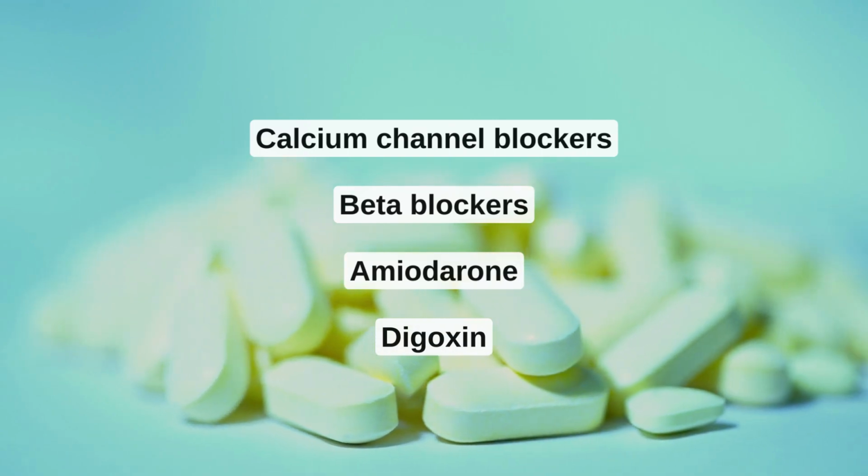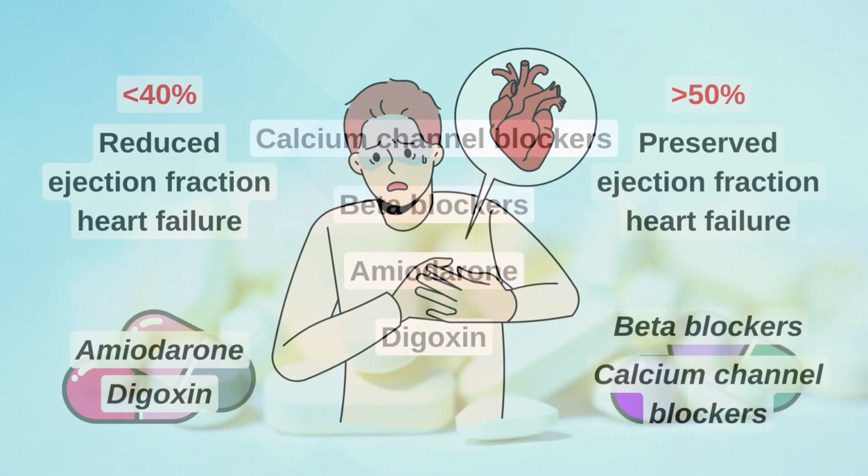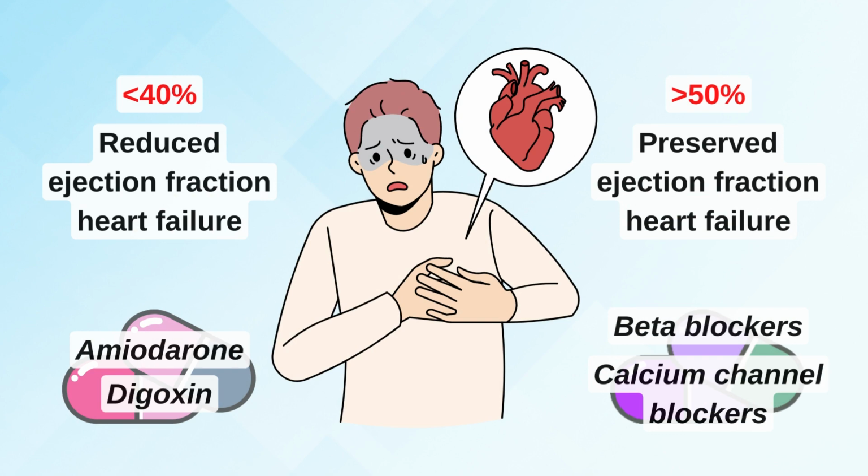And we have seen usually that those who have preserved ejection fraction, meaning 50% and above, will get rather beta blockers and calcium channel blockers. And those who have reduced ejection fraction, meaning less than 40%, will usually get amiodarone or digoxin.